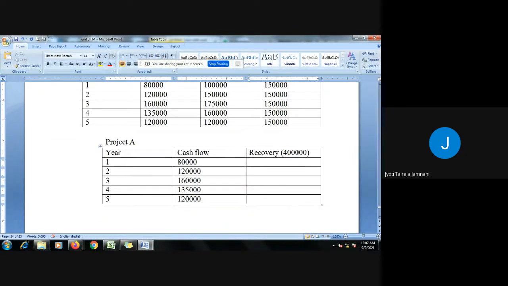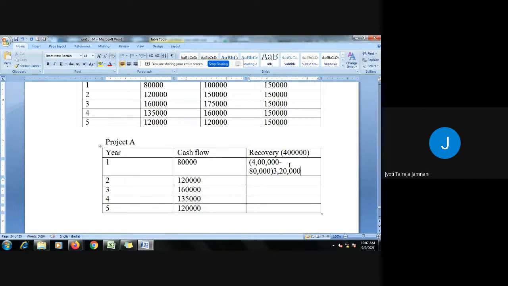So first year, from 4 lakh we will minus 80,000. We'll get the remaining balance. It's the same as the discounted payback period. There we found the present value of cash flows. Here we're taking the cash flows directly. There is no need to find the present value. So 4 lakh minus 80,000, you will get 3 lakh 20,000. In the next year, from 3 lakh 20, we'll minus 1 lakh 20.